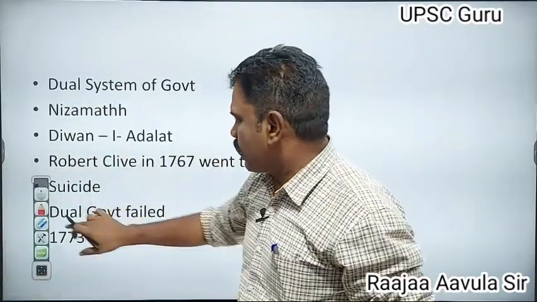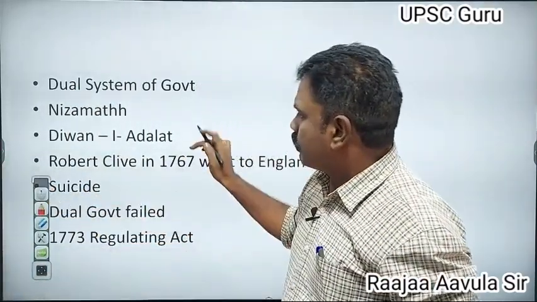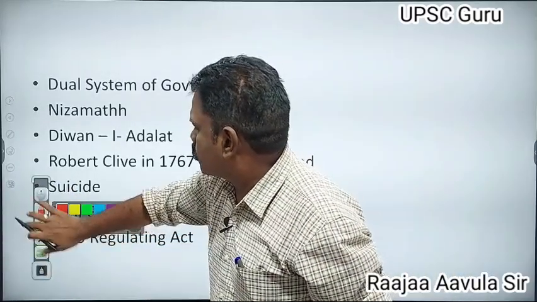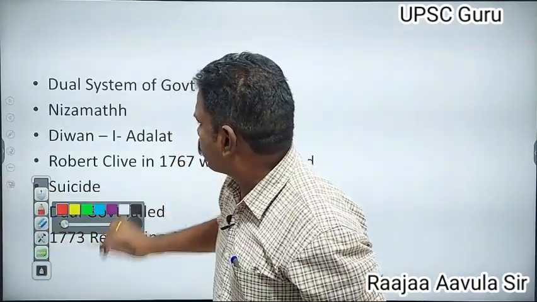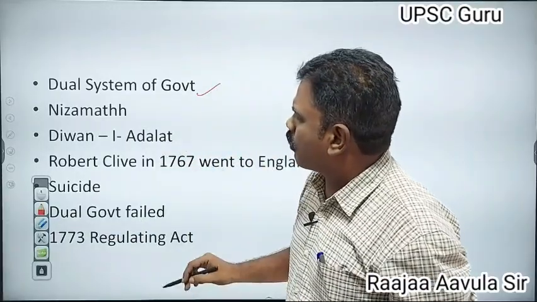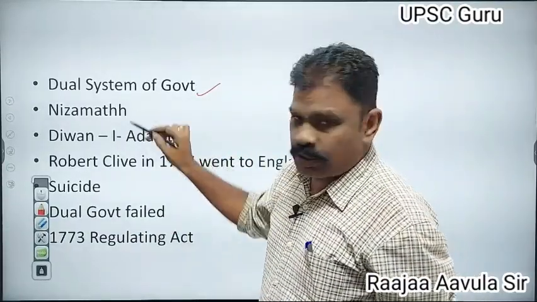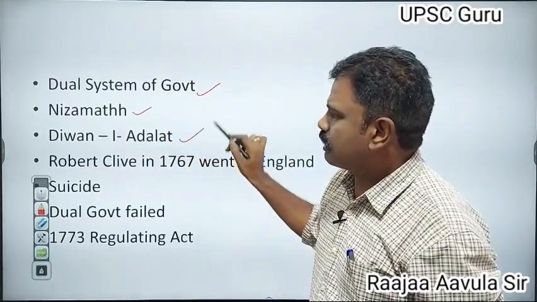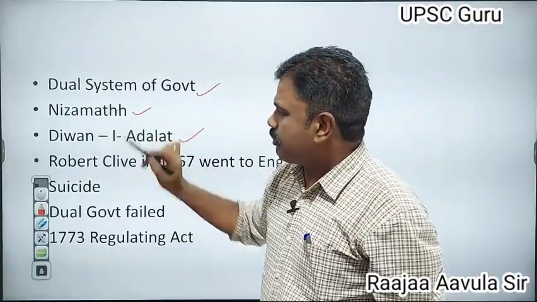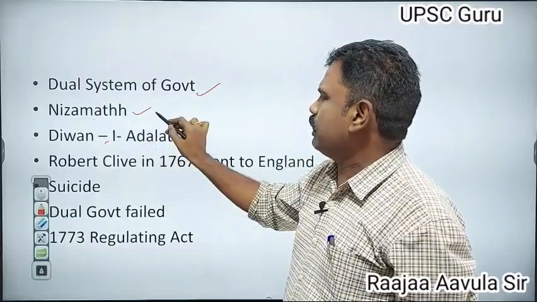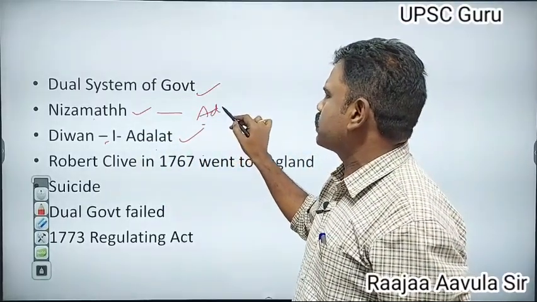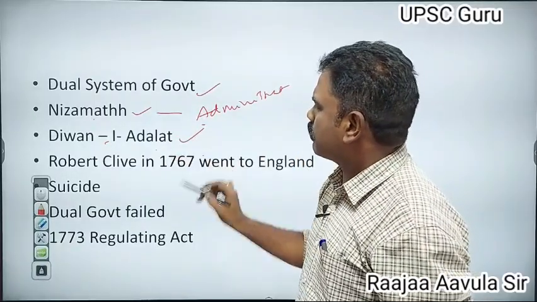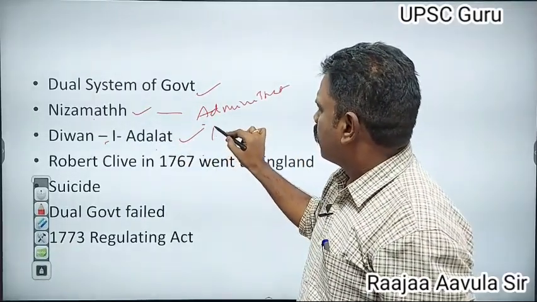By this time, Robert Clive introduced the dual system of government. In this dual system of government, there are two things, Nizamat and Diwani. Nizamat was related to the administration, Diwani related to the revenue.